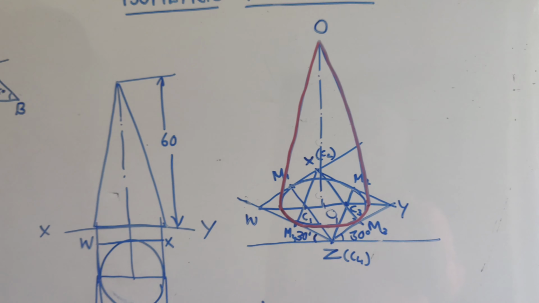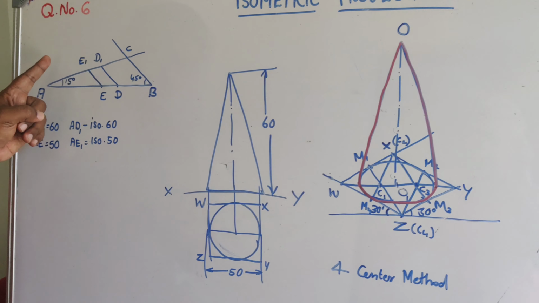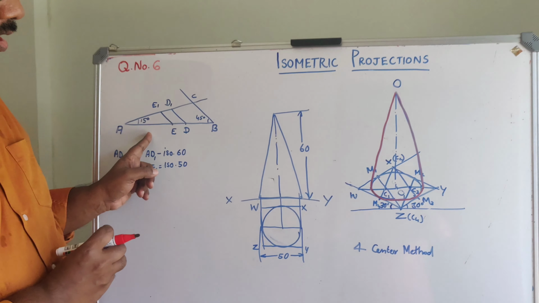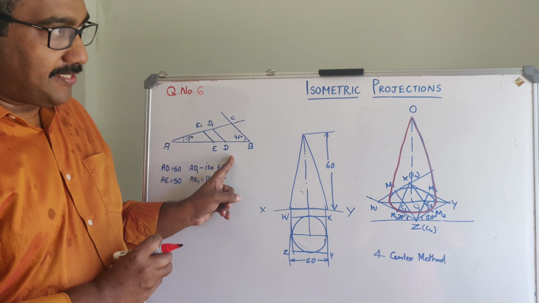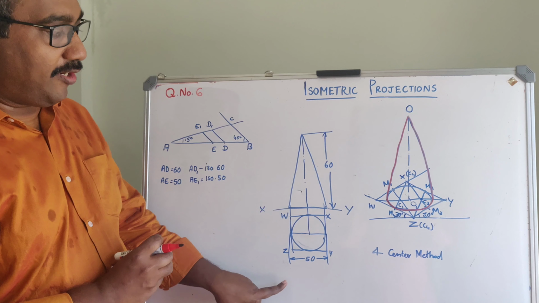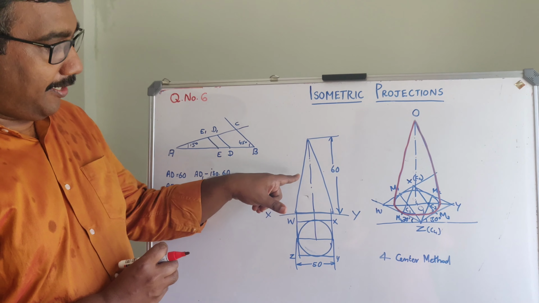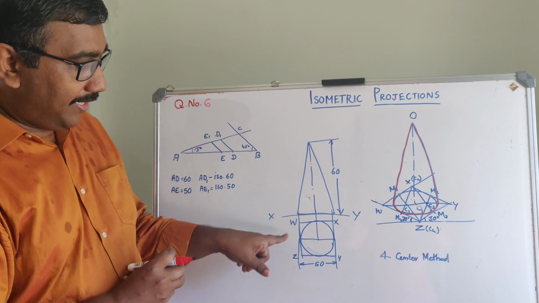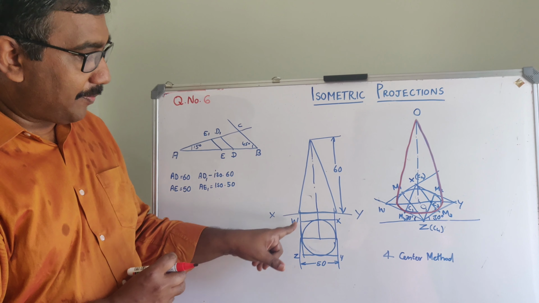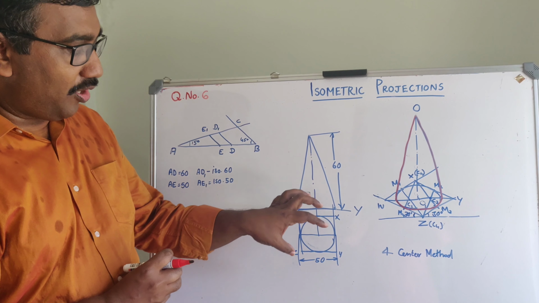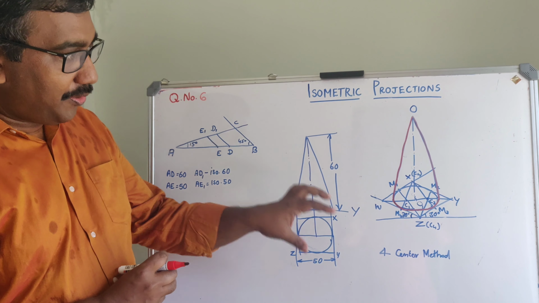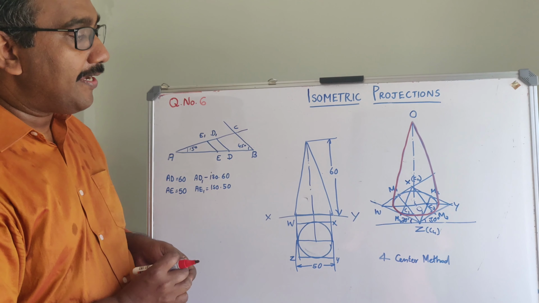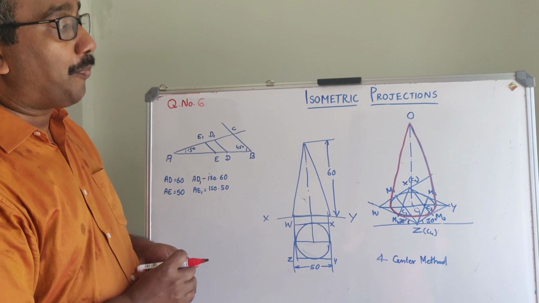So we have started with the isometric scale. From there we have taken the dimensions. Using those dimensions we have drawn the simple position. In the simple position we have gone for the box method for keeping the solid inside the box. Using that we have drawn the isometric projection.